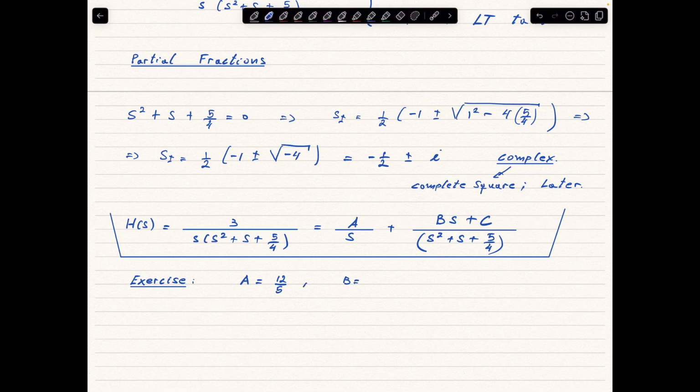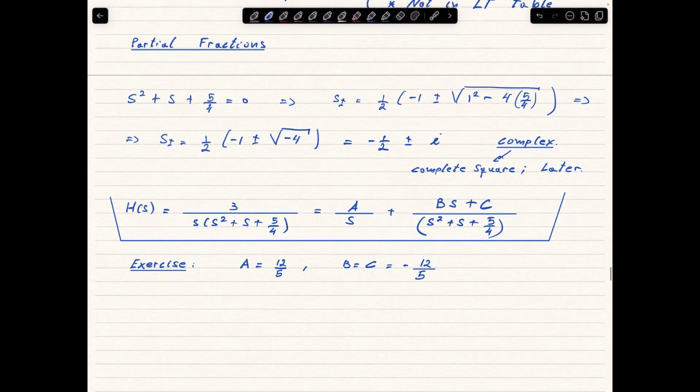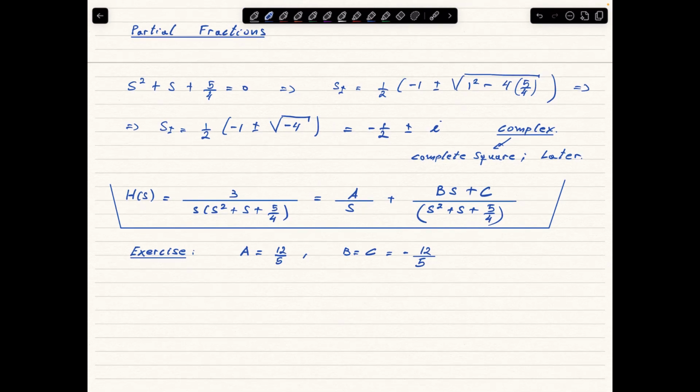B is equal to C, and they are both equal to negative 12/5. So it's an exercise for you to do. I'm going to show the calculations at the end of the video. The important thing is A, B, and C are well-known numbers after we compute them. So from now on, I'm going to keep calling them A, B, and C, but recall A has this value and B and C have that value.